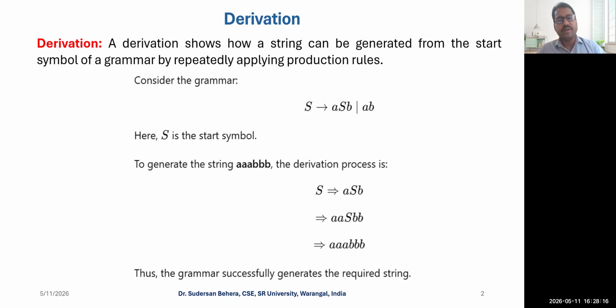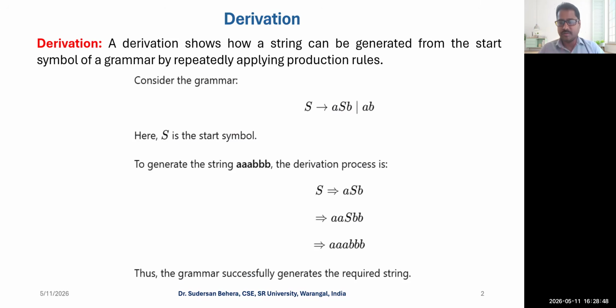So here one example is given. Try to understand. Consider this grammar where it has two productions. S derives a S b, or S derives a b, where the vertical bar indicates 'or'. You may write them in two different steps. S derive small a followed by capital S followed by b. This is one production. The second production, S derive ab.